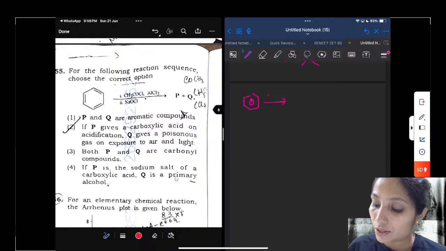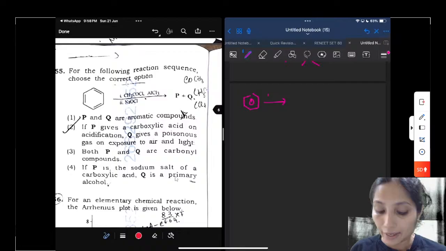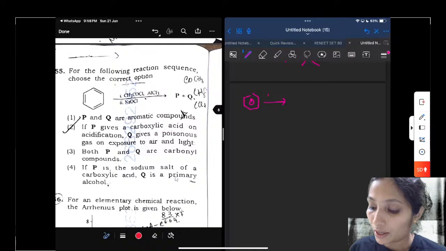C double bond O Cl. Acyl chloride formation takes place. When acyl chlorides are treated with NaOCl, what product will be formed?